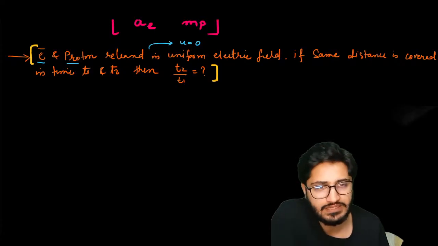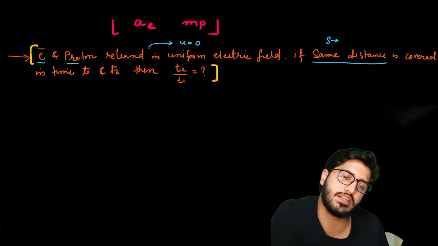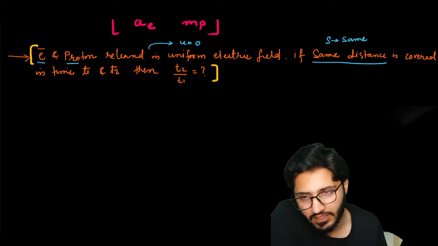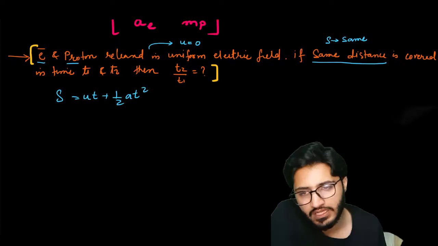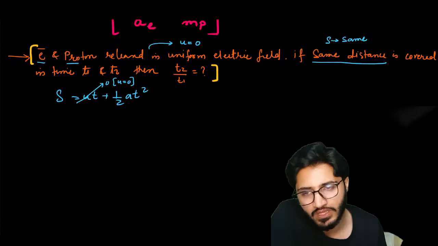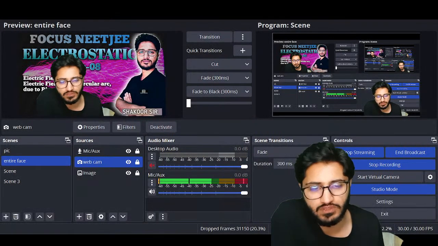Then the same distance is covered, so s is the same. The equation is s equals ut plus 1 half a t square. This term is 0 because u is 0. Why is this term constant? Same distance.